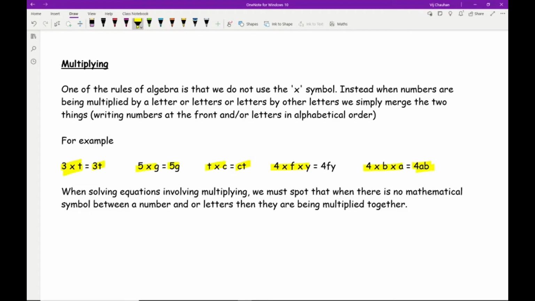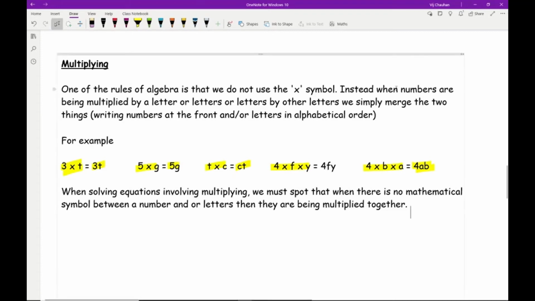Now, when solving equations involving multiplying, we must spot that when there is no mathematical symbol between a number and letters, or between letters, they are being multiplied together. So for example, if you can't see any sort of mathematical symbol, whether it be a plus, a minus, a line, or a divide, then just assume that they are being multiplied together.